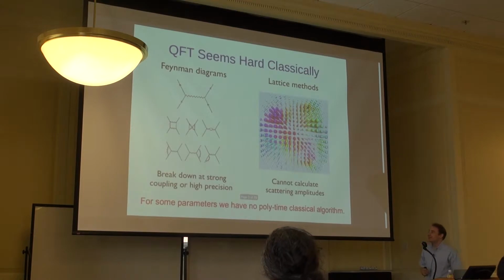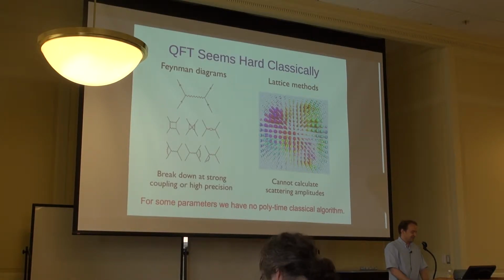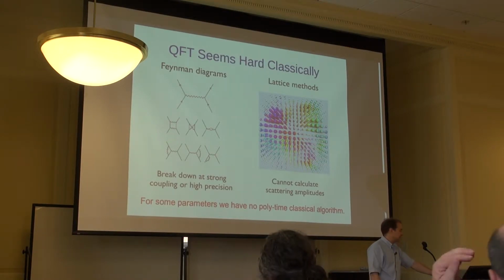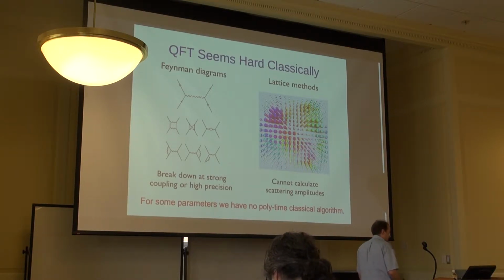Okay. So first of all, do we even think that quantum field theory problems are hard? And when I say hard, I mean computationally hard here. And it does seem from experience that there's good reasons to believe this is the case in certain regimes. So we can think about what are the classical algorithms that we know for simulating quantum field theories.